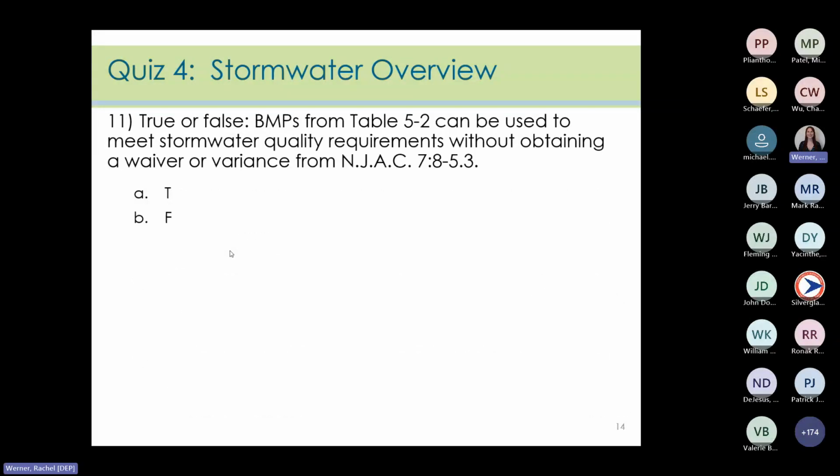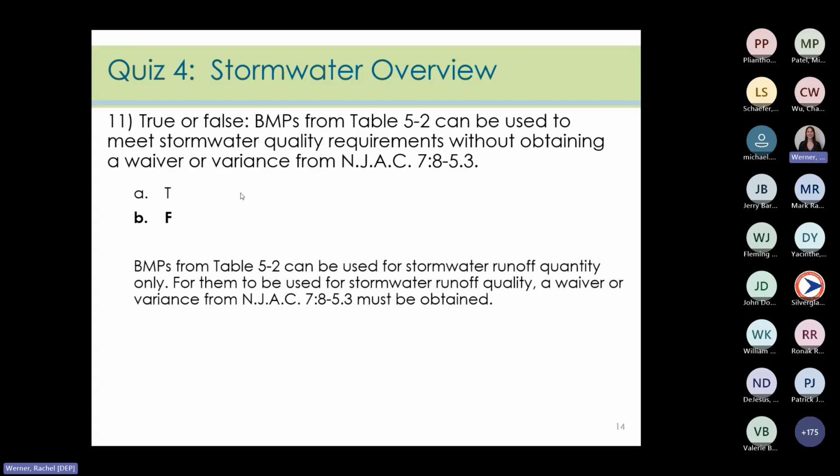So next question, true or false? BMPs from table 5-2 can be used to meet stormwater quality requirements without obtaining a waiver or variance from 7:8-5.3. And the answer is false. Because per 7:8, BMPs from table 5-2 can be used for stormwater runoff quantity only.